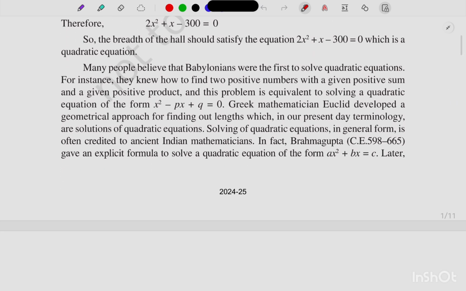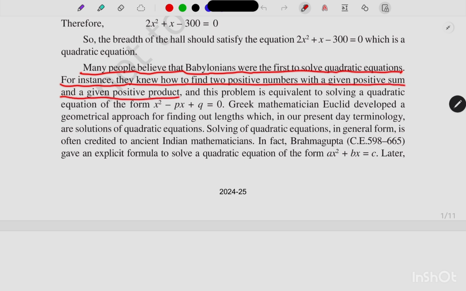So many people believe that Babylonians were the first to solve quadratic equations. For instance, they knew how to find two positive numbers with a given positive sum and a given positive product. And this problem is equivalent to solving a quadratic equation of the form x square minus px plus q is equal to 0.